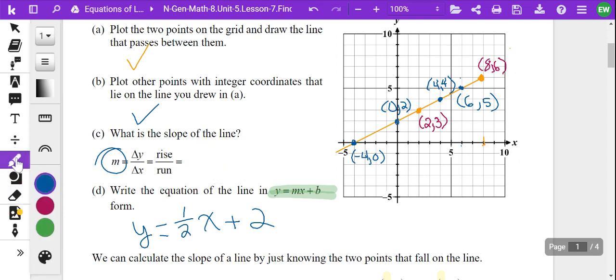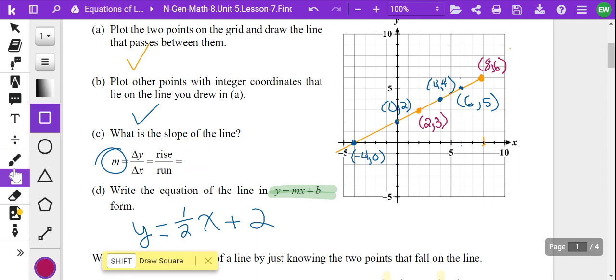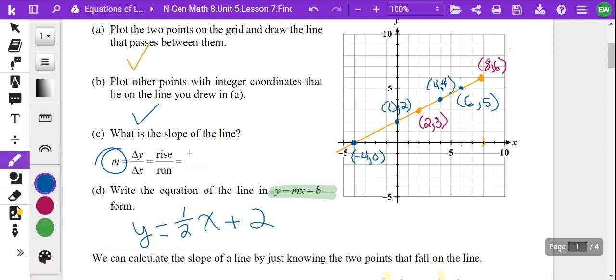What we did together is we found the change in y, which was 6 minus 3, from our 2 points. And our change in x, we had 8 and 2, so it was 8 minus 2. So that gave us 3 over 6. And we always want to put that in simplest terms. So 3 over 6 is equivalent to 1/2. And that's what we got, okay?